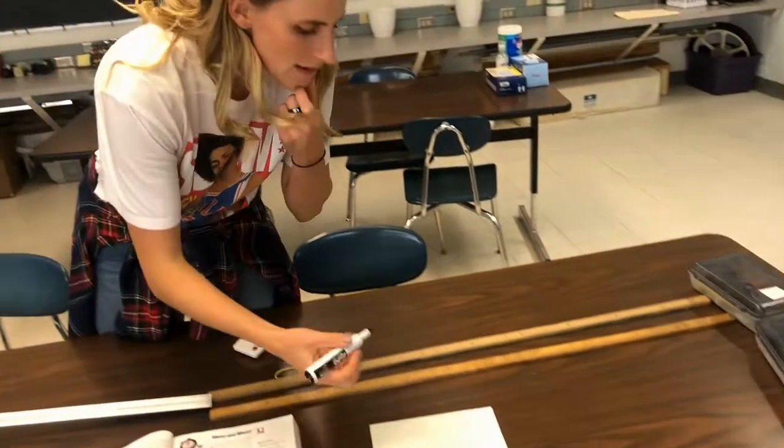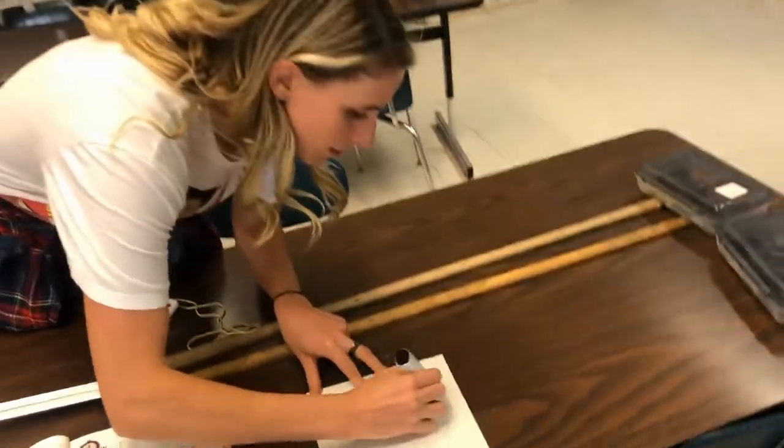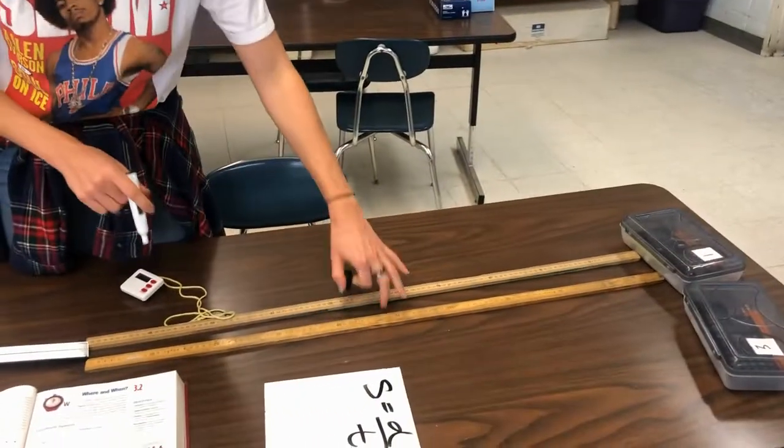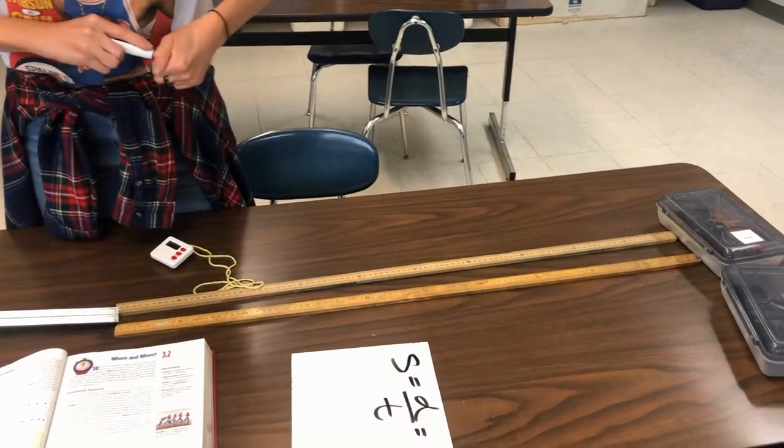What was the equation for speed again? Distance over time, I think. D over T. Right. So we have to find distance on the table, and the time that it takes for the ball to go on the table.